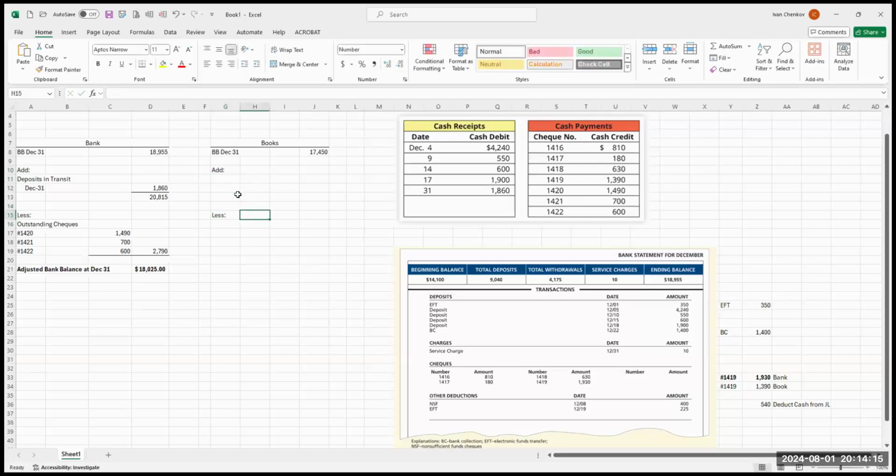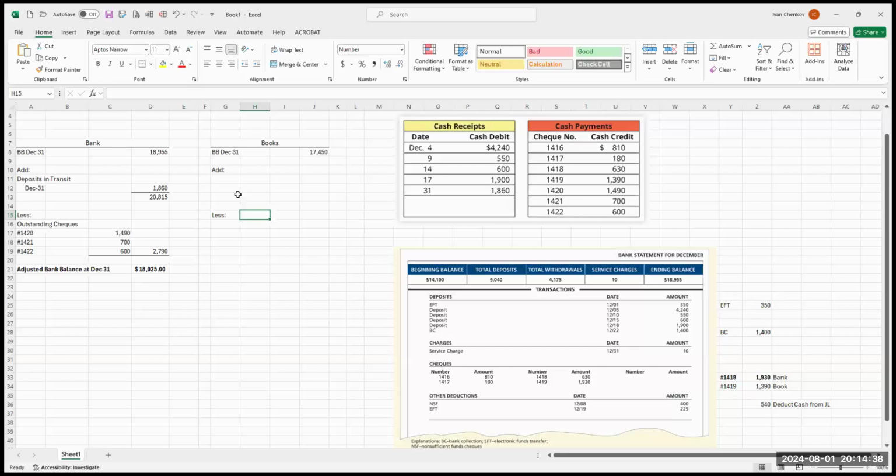Let's figure out what we first have to add. The idea is, is there anything coming into our bank account which hasn't been recorded in our books? First, we're going to check the deposits, since the deposits are the money coming into our bank account.